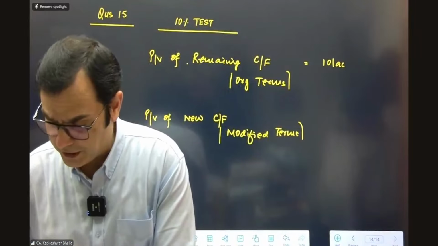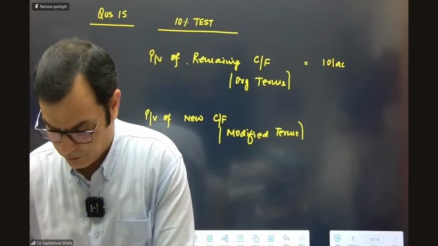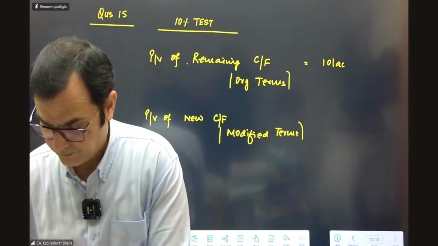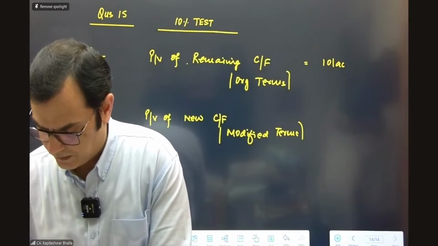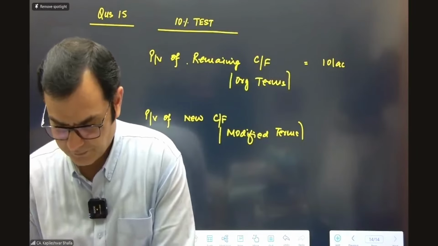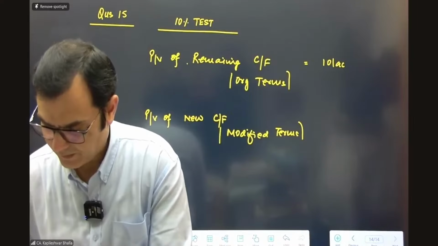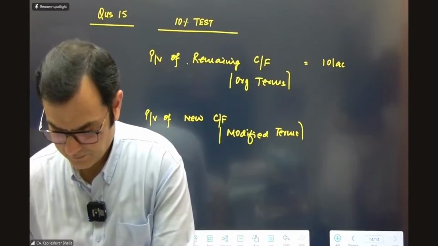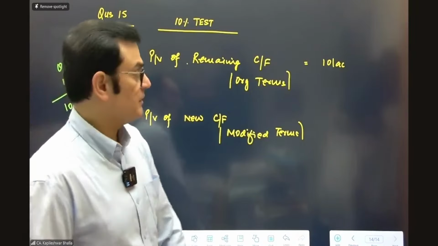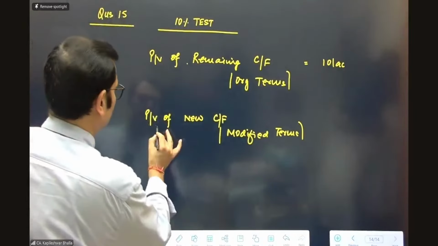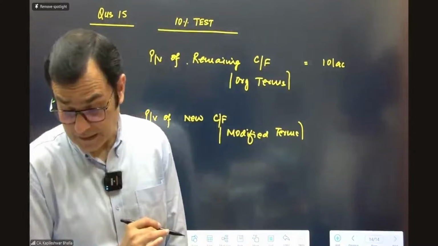Okay, now let me just consider the data. So in this particular case, if I consider the prepayments, the new cash flows, we are going to pay interest at the rate of 5% now.